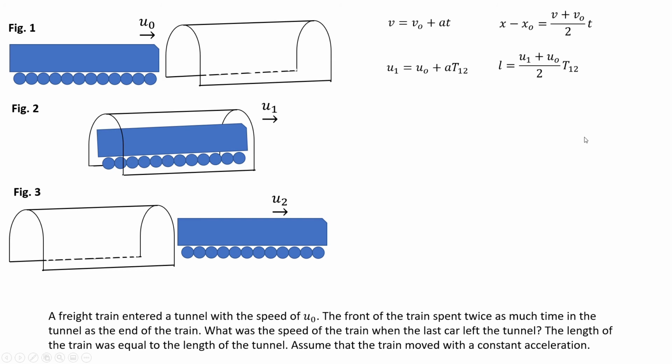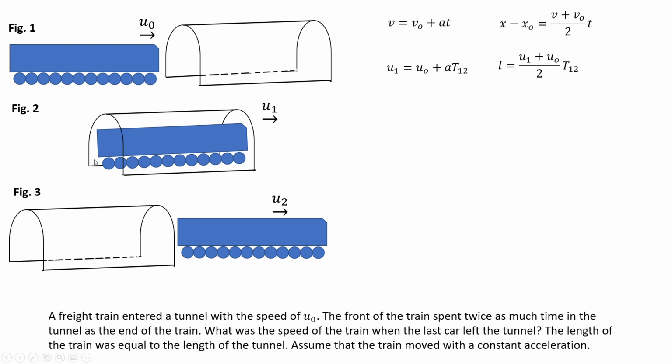Okay? Now let's consider what's going on between figure 2 and figure 3. Now, here's one thing. We're going to consider this as kind of a separate problem. We'll consider t equals to 0 as what we see in figure 2. And we're going to say in this case, what's going on in figure 3 is time t23. Okay?